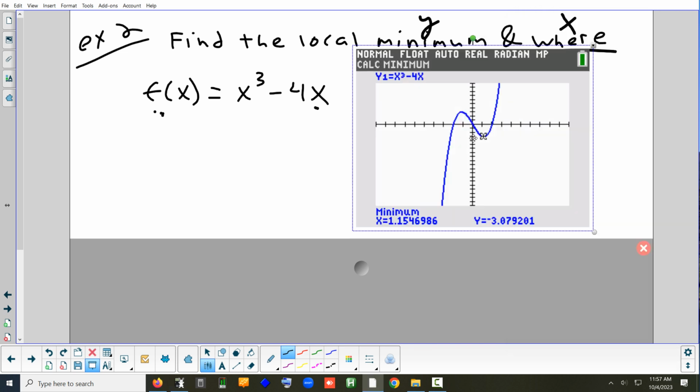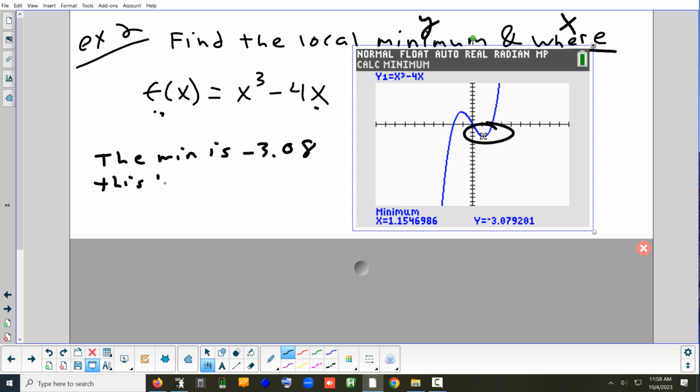Okay, so now let's make sure we know what we're looking at. What is the lowest value that that graph hits in that area? Negative 3.07, we're going to round negative 3.08. So the min is negative 3.08. Now the second part of the question is, where does that happen?